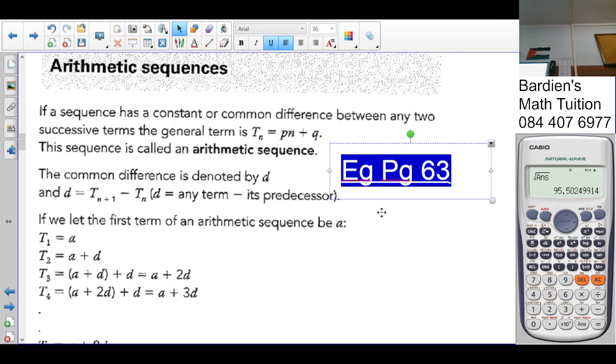It could be T1078 minus T1077. So d is equal to any term minus its prior number, the previous one, its predecessor, the preceding term. Predecessor is the one who came before, no?